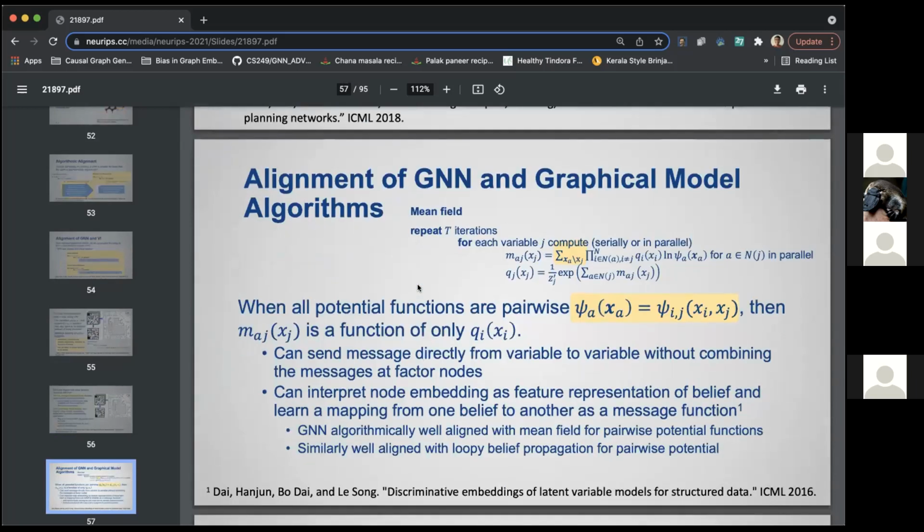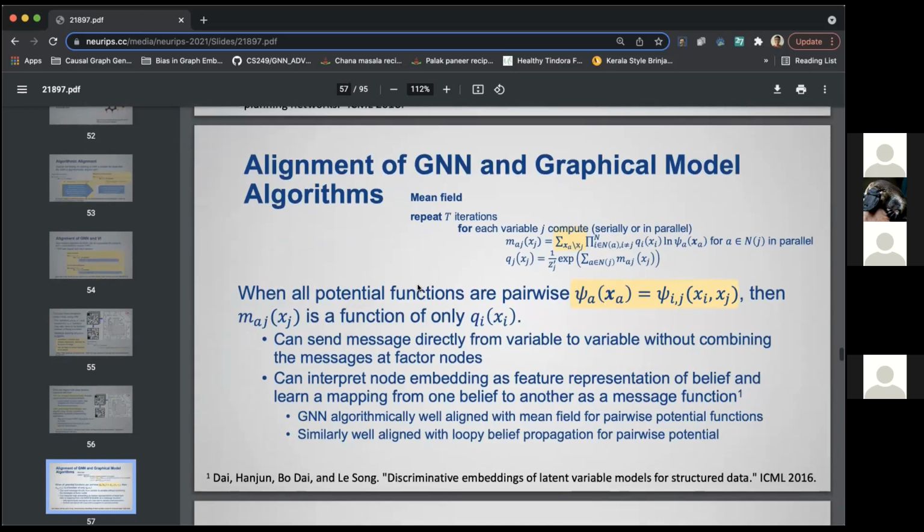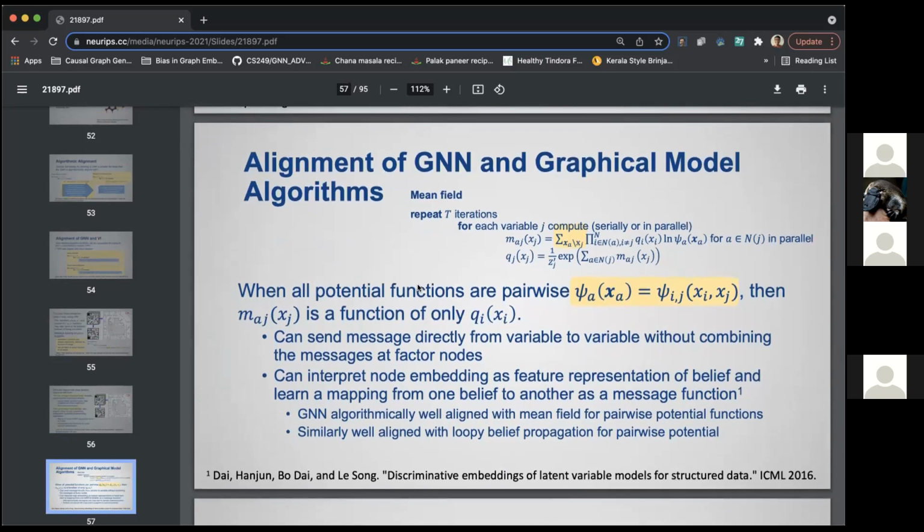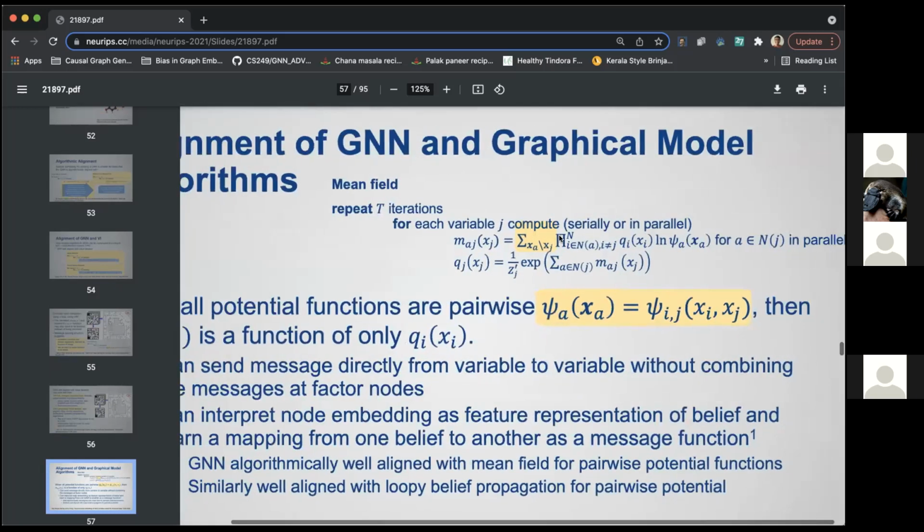We can also look at the alignment of a GNN and graphical model algorithms. The GNN and a graphical model algorithm are well aligned when the potential functions are pairwise. So the potential functions only take as input two nodes, or in this case, random variables, xi, xj. Let's look at our mean field algorithm from earlier.